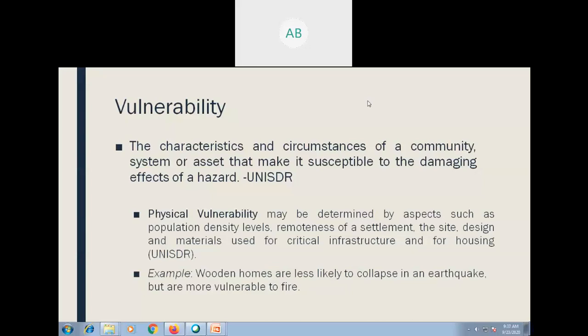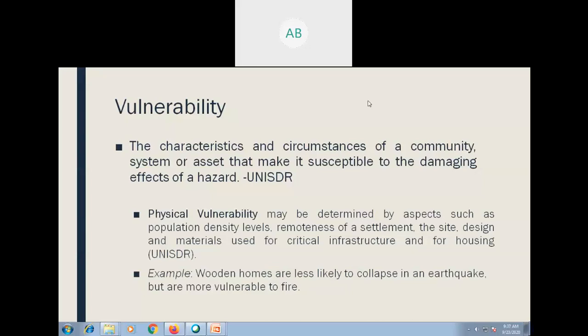Okay, so physical vulnerability, if we want to describe it, population density levels may be one of the contributing factors. So if there is a flood that comes in densely populated areas, then obviously in a collective way, those populations will be more vulnerable than those who are less densely populated.